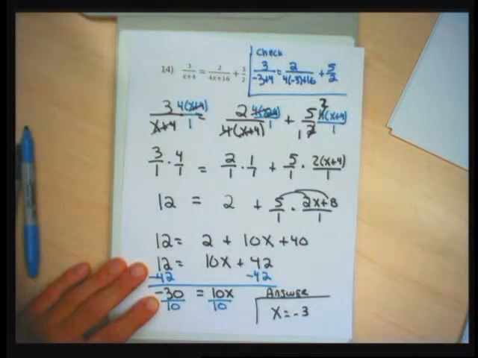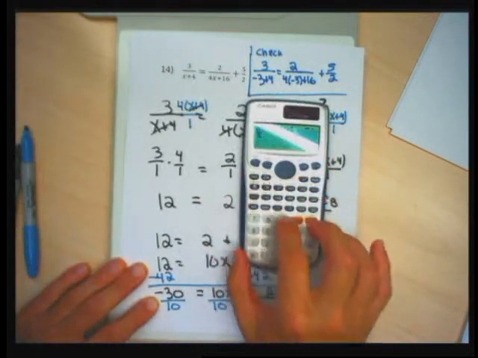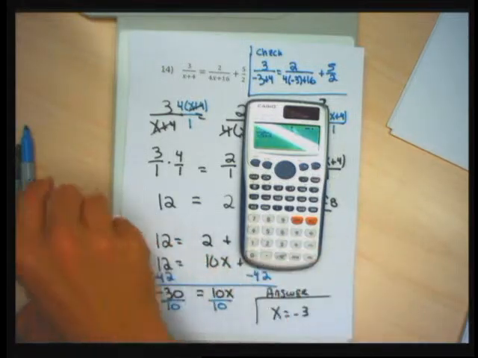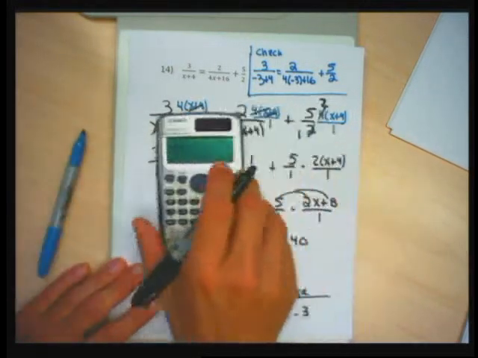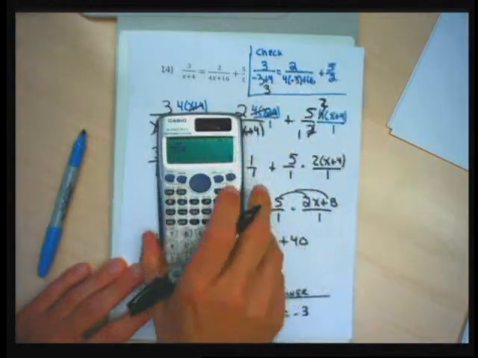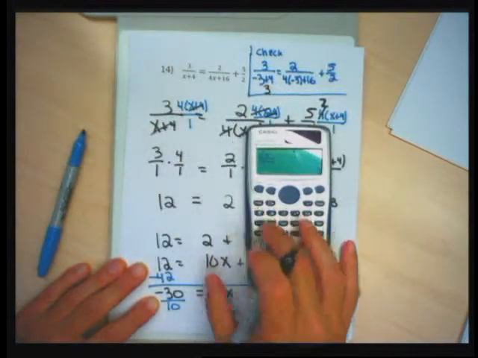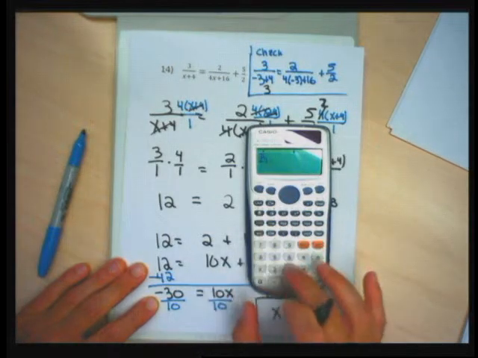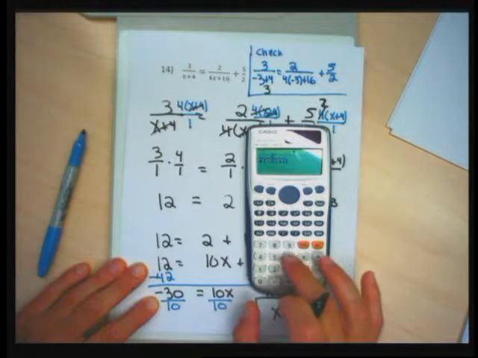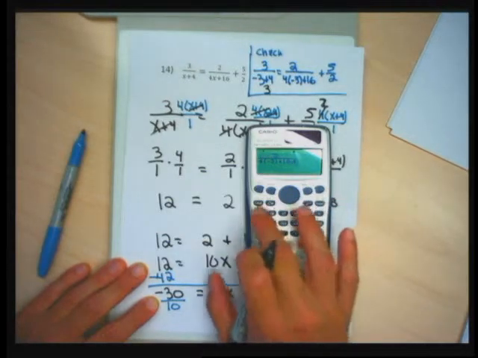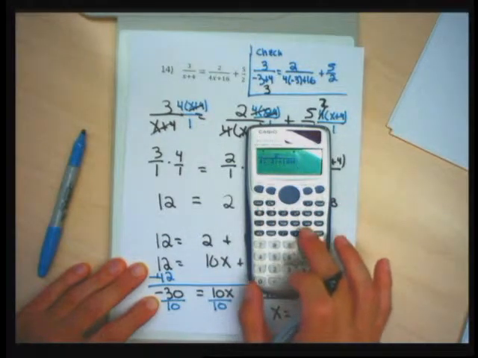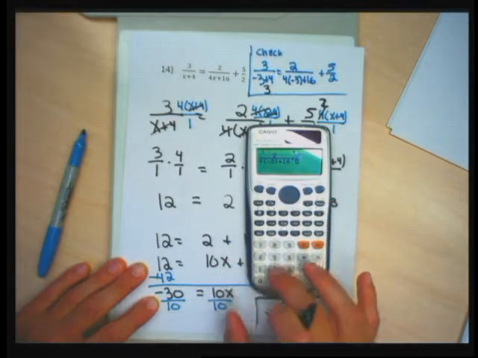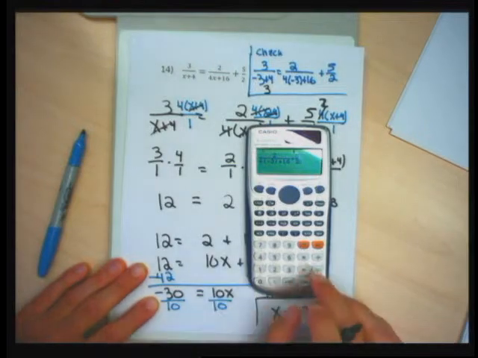I have to do each side separately. I'll do the left side. 3 over negative 3 plus 4 gives me 3. So the left side reduces to 3. Now I'm going to work on the right side. The right side is 2 over 4 times negative 3 plus 16 plus 5 over 2. And hopefully I see 3 when I get that done.